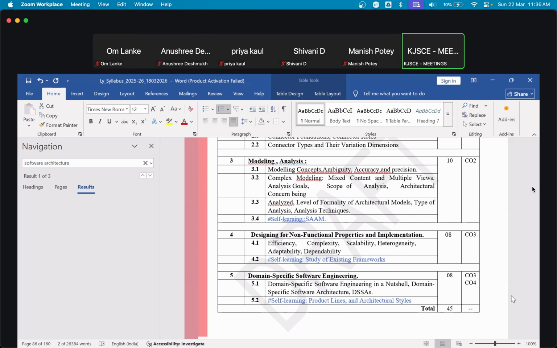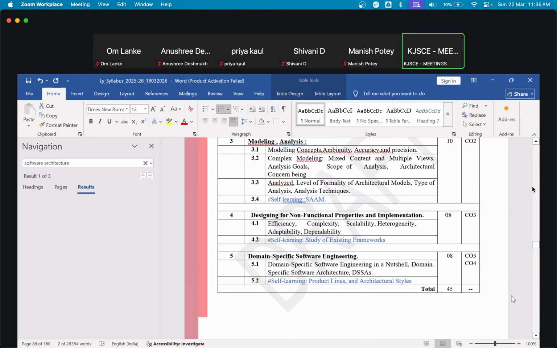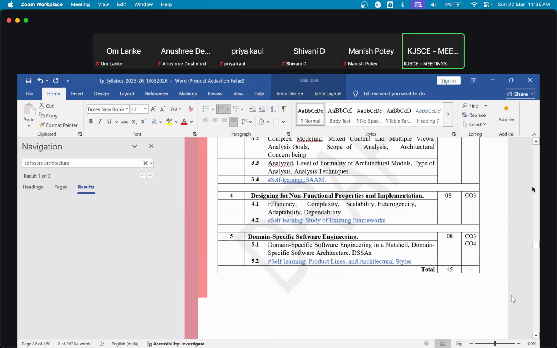So here we will cover the different non-functional properties and how to alter the design to satisfy them. And the final module will be on domain-specific software engineering. So here, with respect to a particular domain, what different steps of engineering and what software architecture should be there.